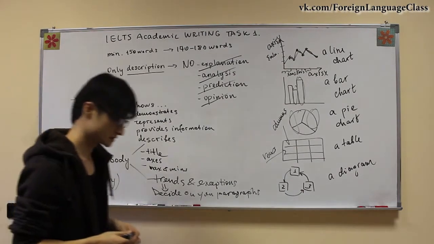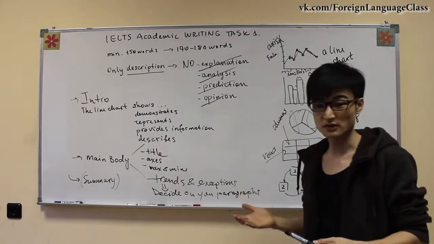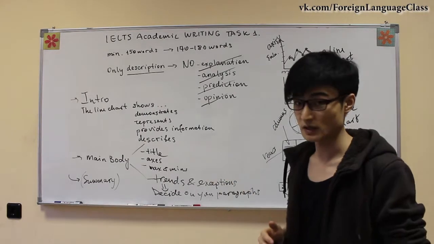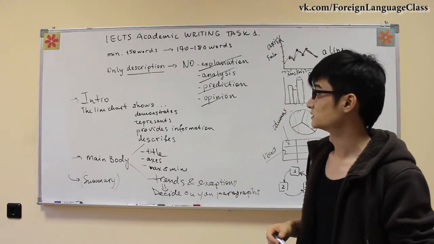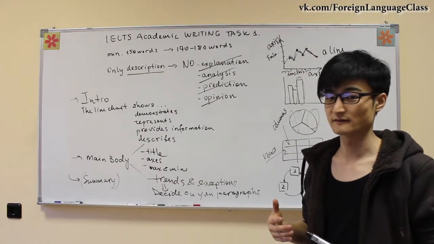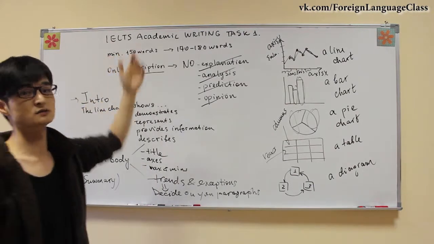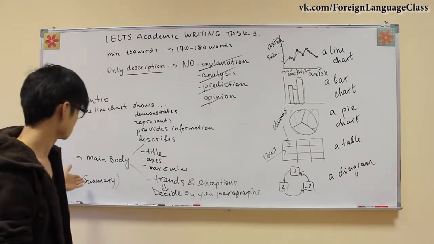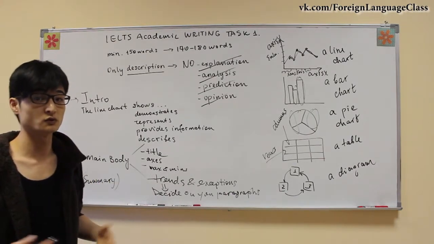Not always, sometimes. In a summary, you just write what you have written in the main body, but in different words and shorter. Sometimes you lack words in your writing. For example, you need 20 more words, and you just write a summary to increase your number of words.